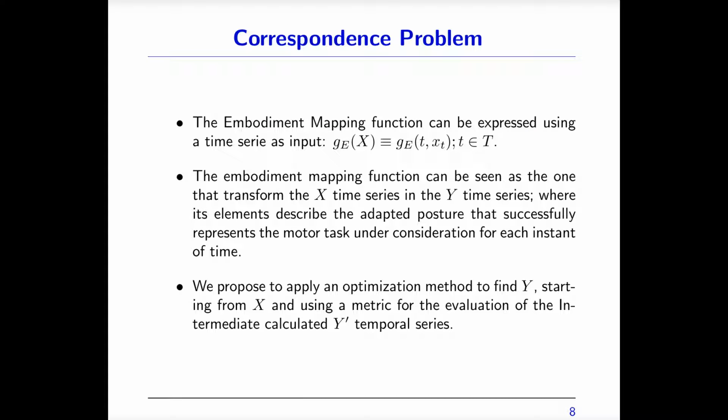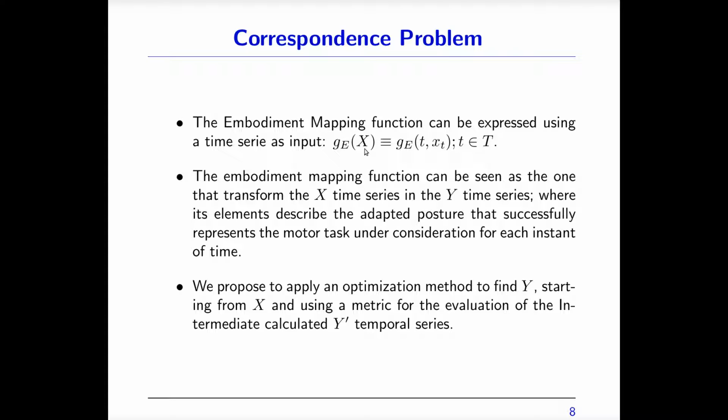The information about a motor task, the action and its associated instant of time, can be represented using a time series. So the embodiment mapping function can be expressed using a time series of poses as input. Instead of using the previous notation, we can replace the two inputs by the time series.